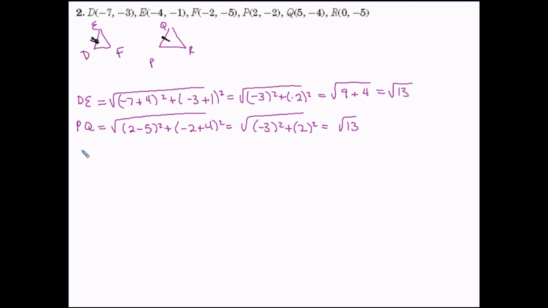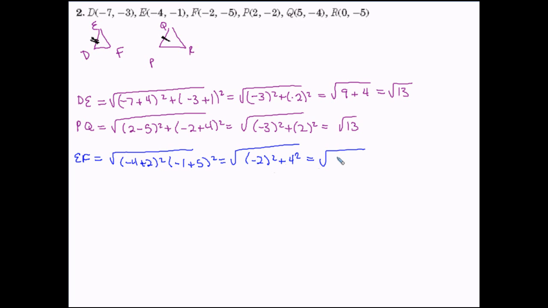And then if I do EF, I have -4 minus -2, so -4 plus 2. And then -1 plus minus -5, so plus 5. So that's -2 squared plus 4 squared, so that is 4 plus 16, so that's the square root of 20.